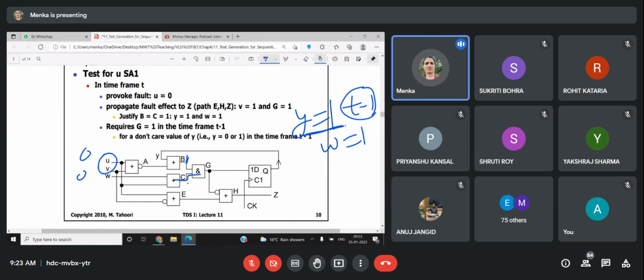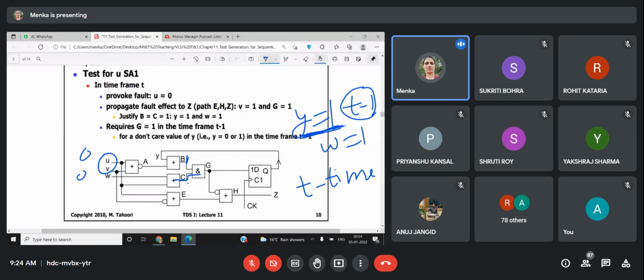Propagating the fault we will do in the t time frame, the next time frame, with the feedback values. Okay, ma'am. When the feedback values are set, what was the first target in sequential circuits? You have to set the feedback path values to some predefined values, whichever is suitable. In the next time frame you have to achieve your target, and your target is to propagate the fault to the output line.